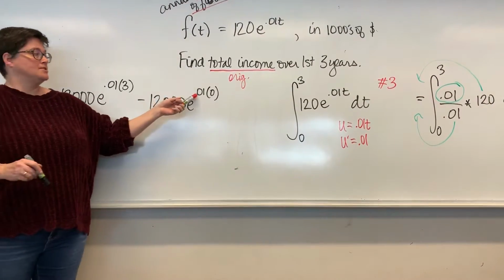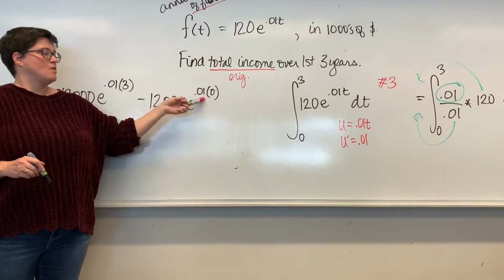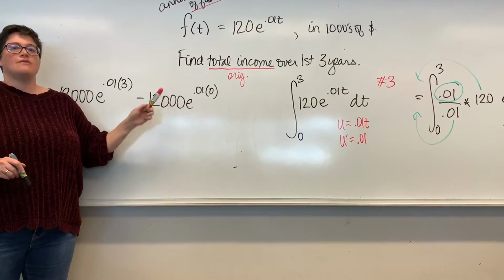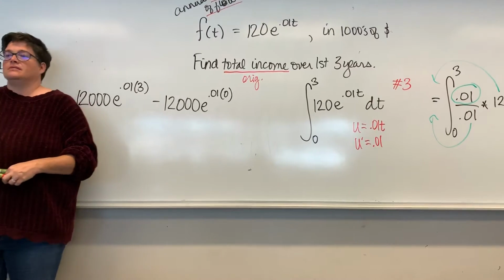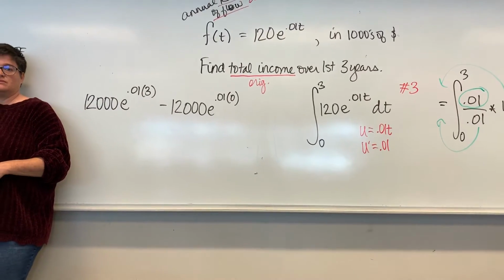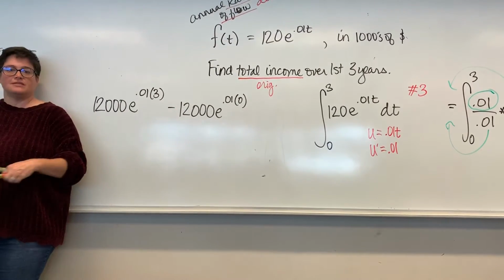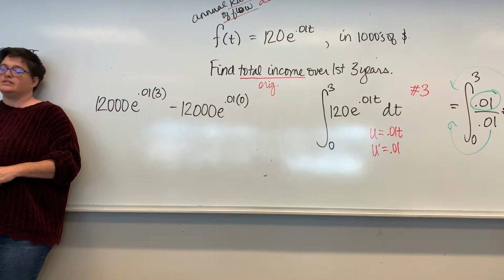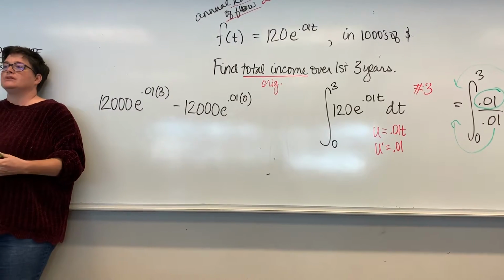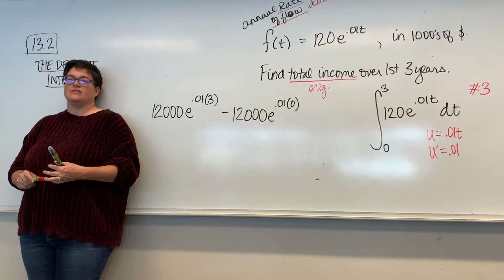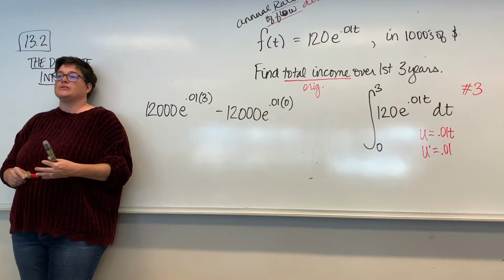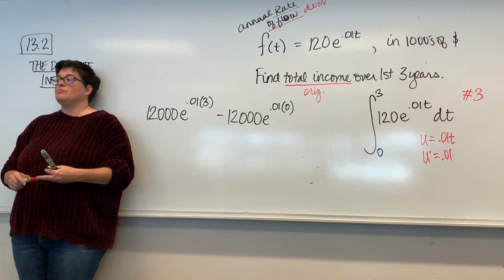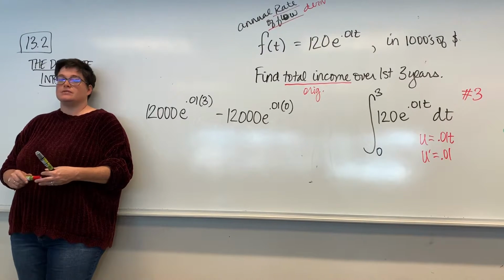No. 0.01 times 0 is 0. E to the 0 is 1. 12,000 times 1 is 12,000. But it's still a minus. So it's whatever this is minus 12,000. It doesn't go to 0. Never assume that just because the x or the t is 0, the term is going to go to 0. You must go through the motions.